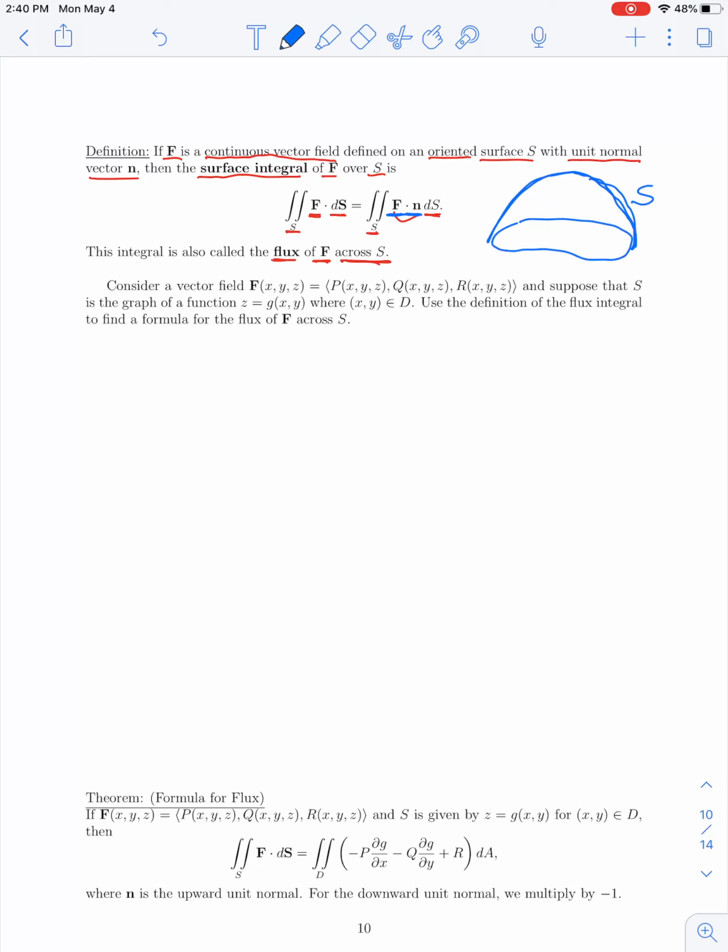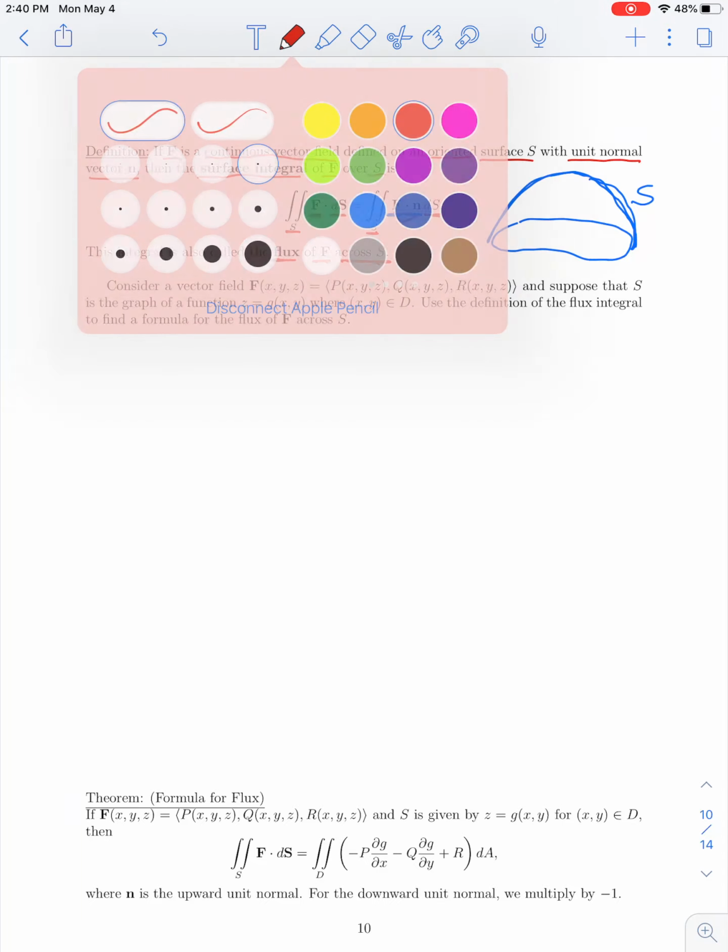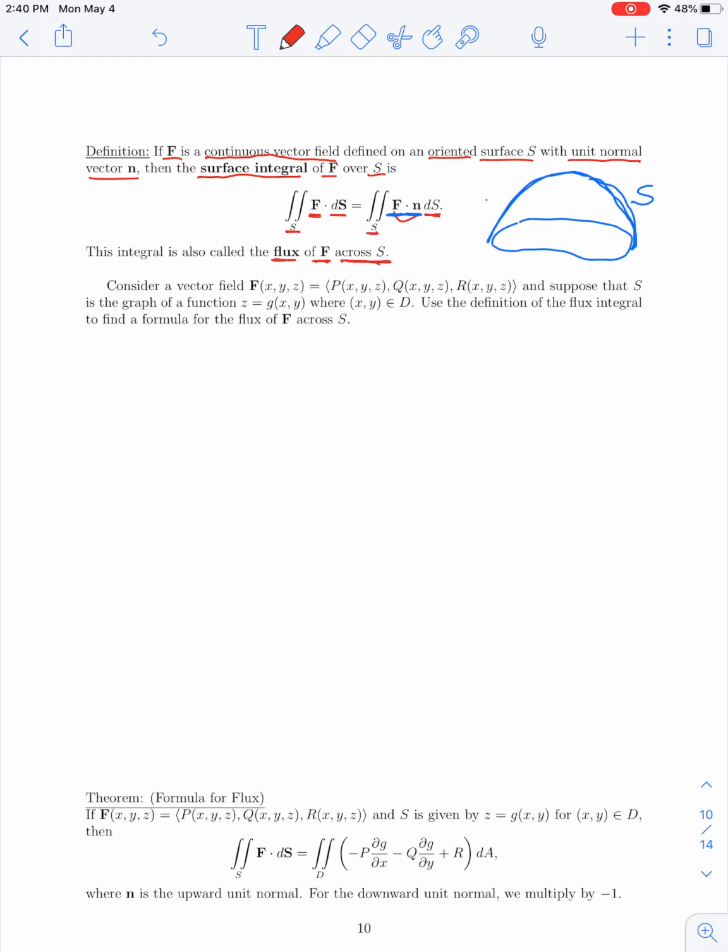So for the surface S shown here, let's suppose that we have the positive or outward orientation. So for different points on my surface, I'm choosing my unit normal vector to be in the upward direction. And let's say that we have a vector field F, which is continuous over that surface. So remember, the graph of a vector field in space is a collection of arrows.